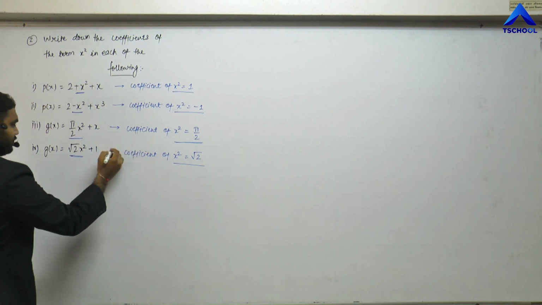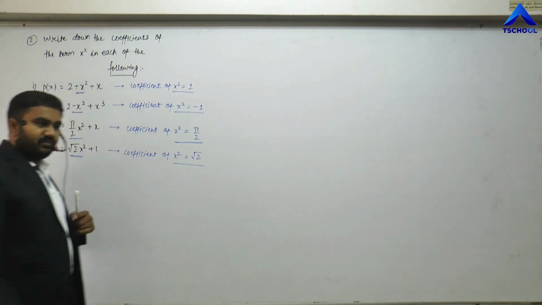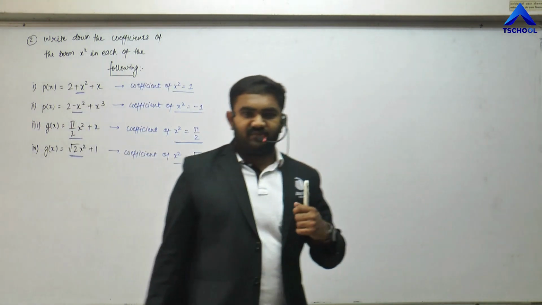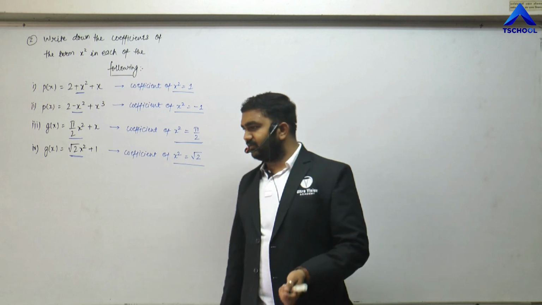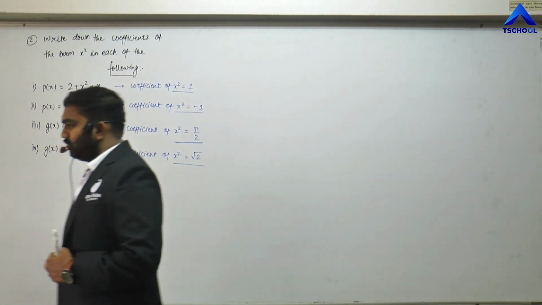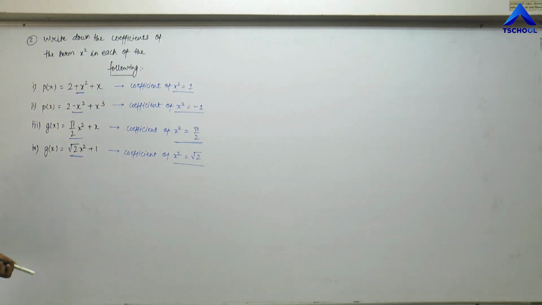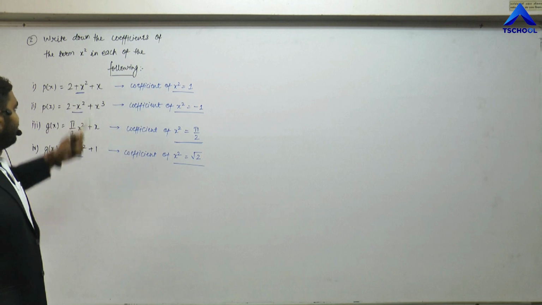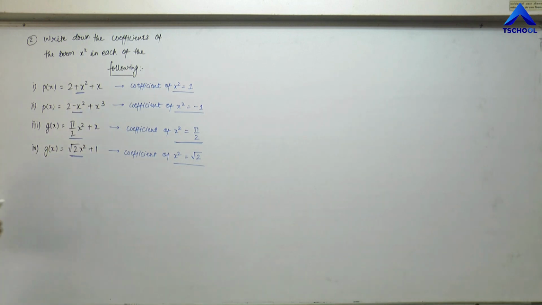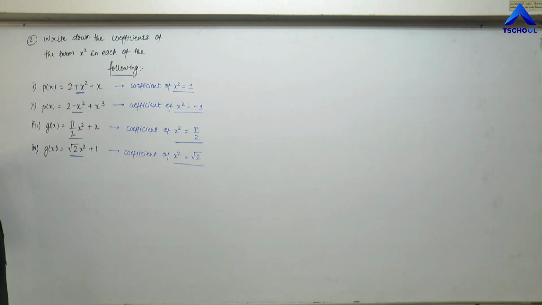Is it clear? All these examples are of different kinds, so if any one of these kinds is asked, you must know how to find the coefficient of any term rather than only the coefficient of x square. If I say to find the coefficient of x in each question, then the coefficient of x in the first question is 1.